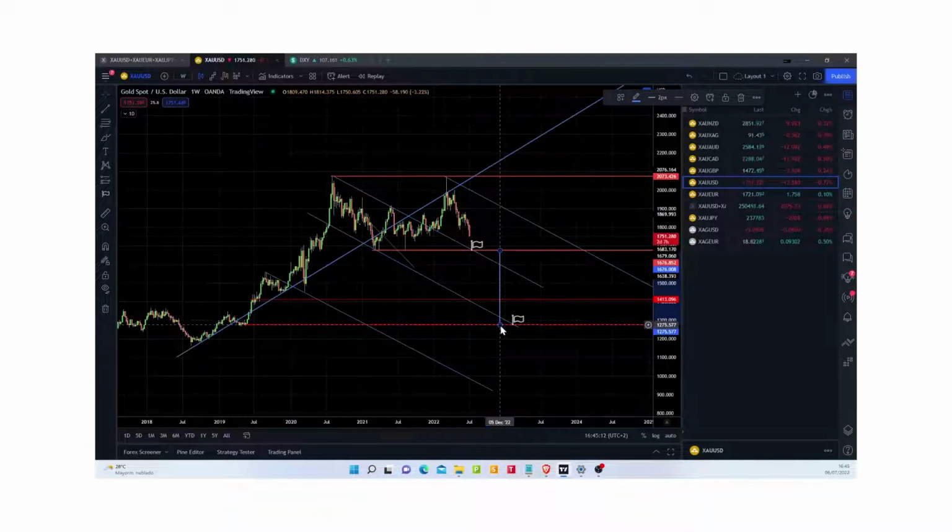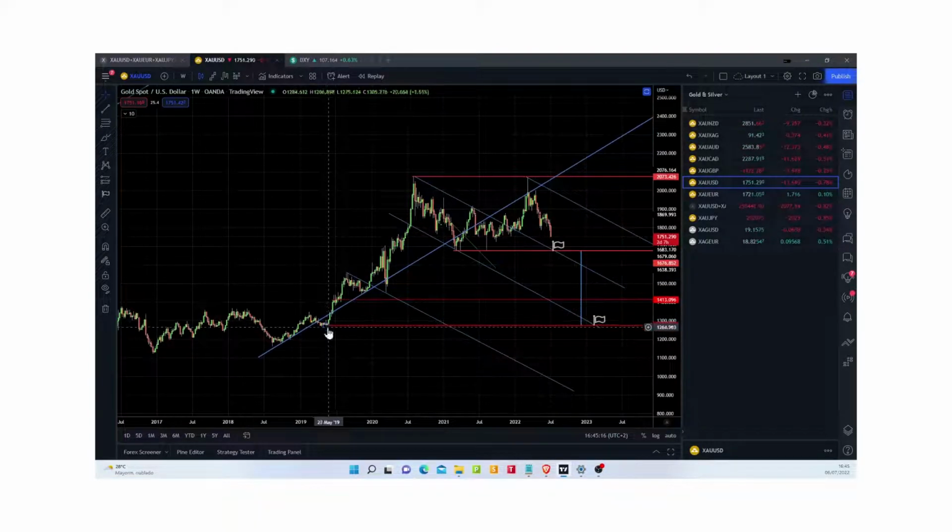It brings us to 1265, and this is more or less a crucial support level that we had on the chart.